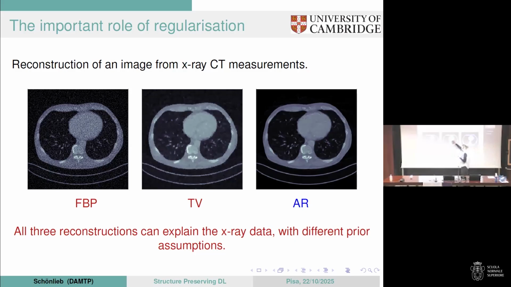So really beating total variation regularization is not that easy, or any kind of mathematically modeled regularization that has this L1 structure to it. But you can, in particular in the fine details, be more accurate if you are really targeting your regularization to the images that you want to reconstruct.